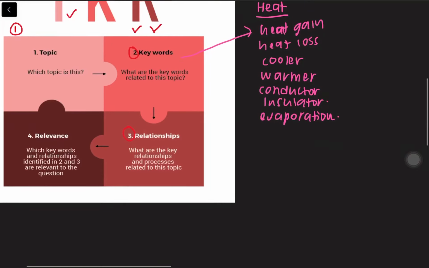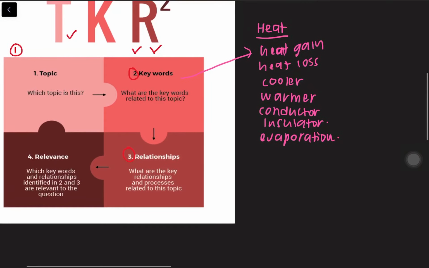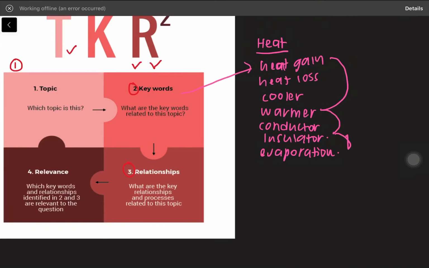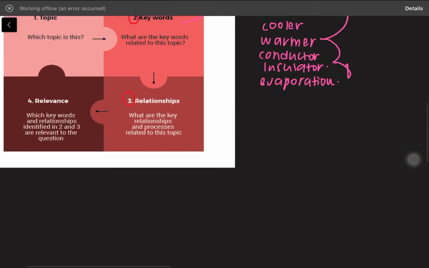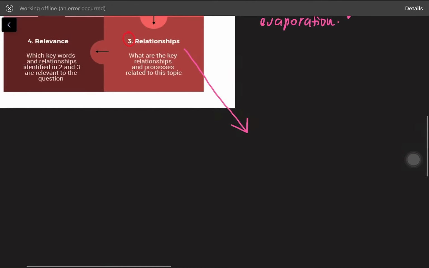Step number 4. When we are talking about relationships, what we are looking at is how do these keywords link to each other? Do they have any links? So now let us look at the relationships. For example, let's take a look at gain heat. When you gain heat, you become warmer.